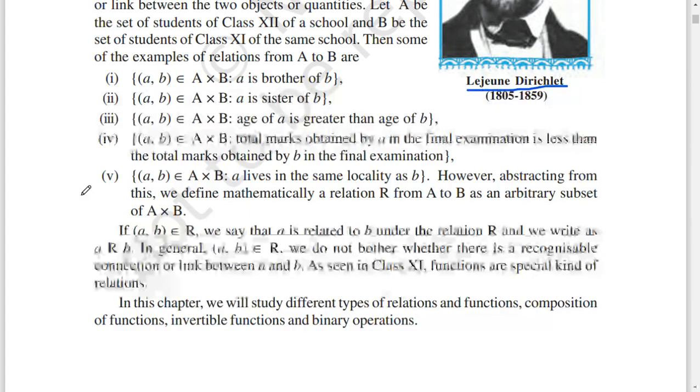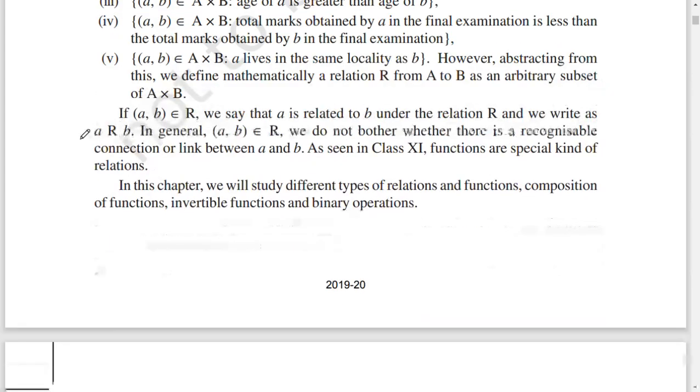However, abstracting from this, we define mathematically a relation R from A to B as an arbitrary subset of A × B. If (a, b) belongs to R, we say that a is related to b under the relation R, and we write a R b.